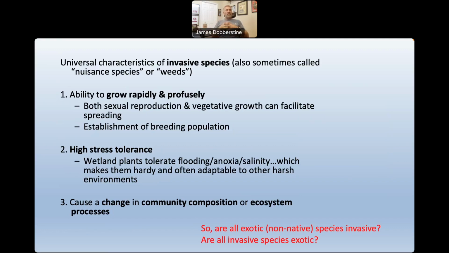So for terrestrial plants, that means they tolerate a wide range of climate conditions, right? So they can go from really cold to really warm. They can tolerate our soils. They can tolerate the rainfall that we get. And when we're talking about wetland plants, it's the same. They tend to come from areas.